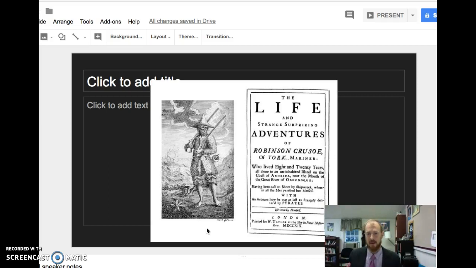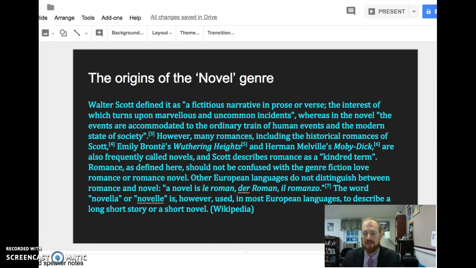Later on, we can look back and categorize Robinson Crusoe as fiction, but technically it was, yes, fiction, but marketed to be real, written to be taken seriously as something that actually did happen, thus giving it a little bit more excitement and mystery and etc. So, but yeah, we know now that it would fall under the category fiction. All right, so let's talk a little bit about the origins of the novel genre.